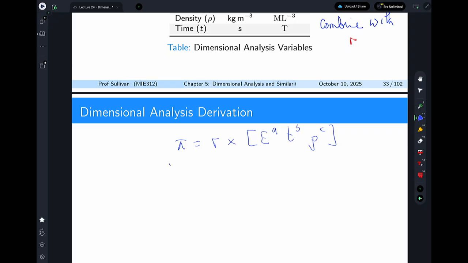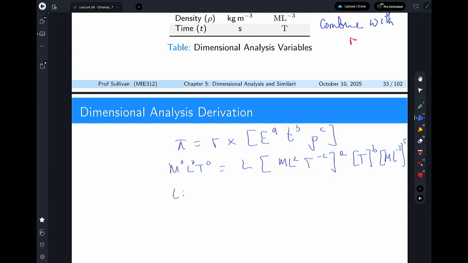On the left-hand side, I expect this to be a dimensionless group, so M0, L0, T0. And then it's L times ML squared T to the minus 2 to the power a, T to the b, and rho to the c.